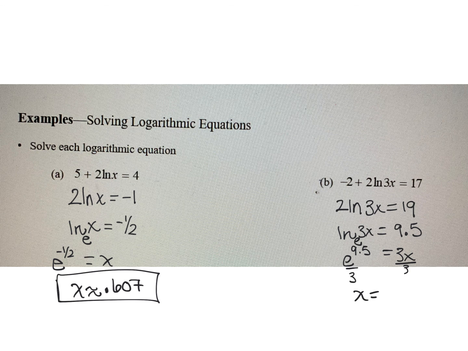So x is going to be approximately 4,453.24.